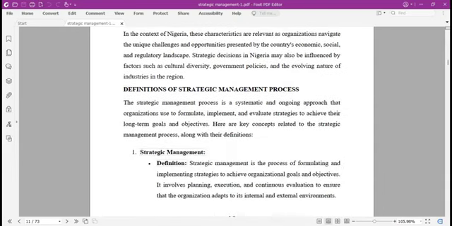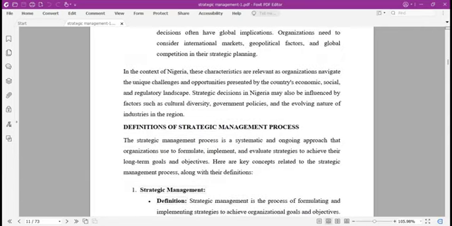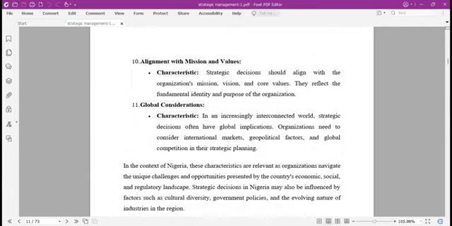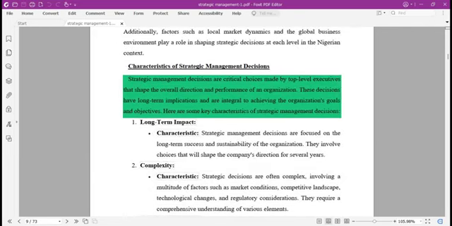Definitions of strategic management process. Before that, we have just highlighted the basic characteristics of strategic management decisions. It means what are the considerations that should be taken into consideration before decisions can be reached or made.